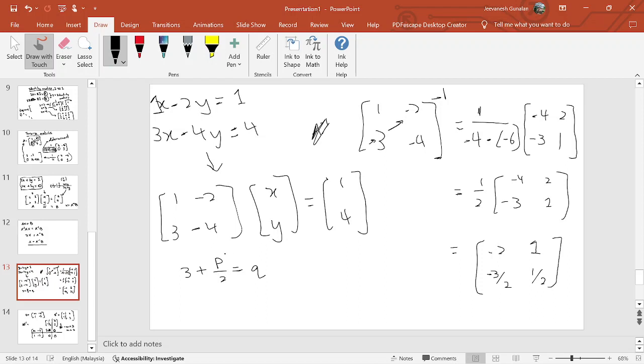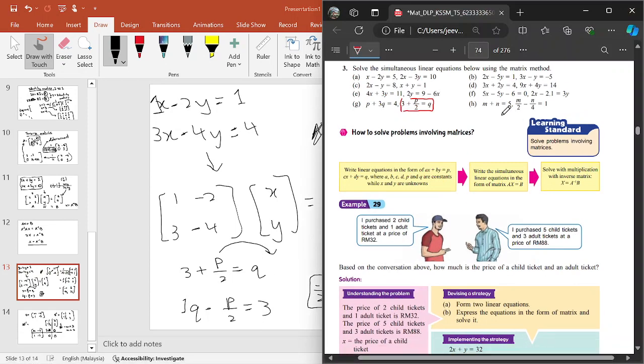So you need to bring both of the variables to one side. So q minus p over 2 equals 3. So basically, I brought this to here. And now the coefficient of q is 1, and the coefficient of p is negative 1 over 2 p. So this is the coefficient of p. So just so you guys don't get confused in that question.